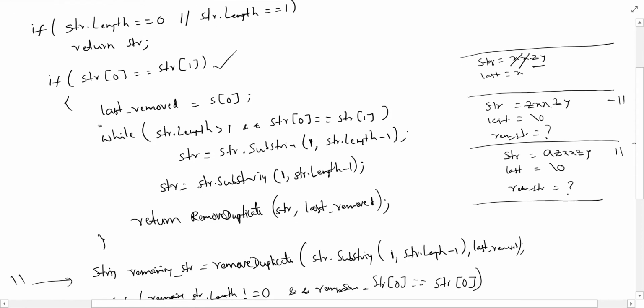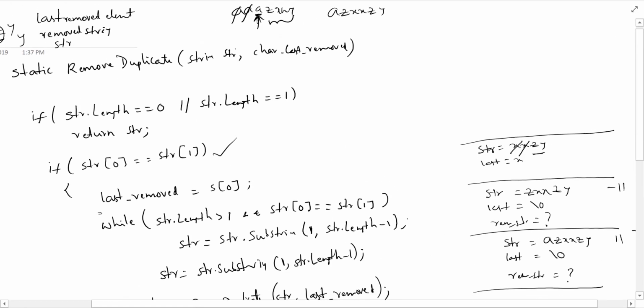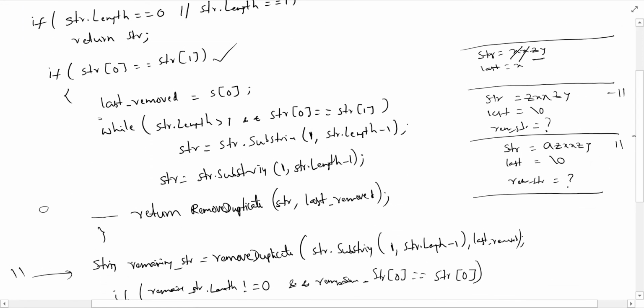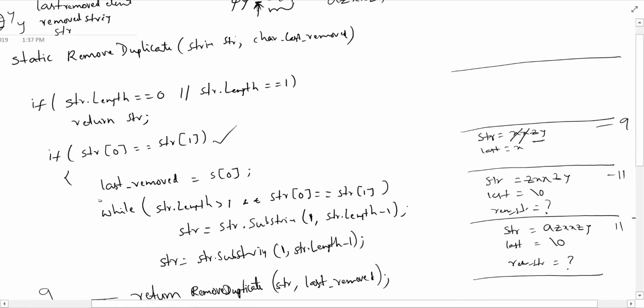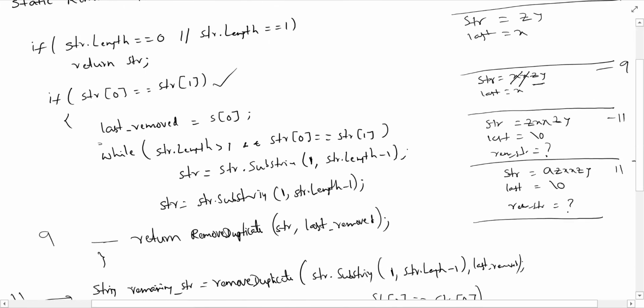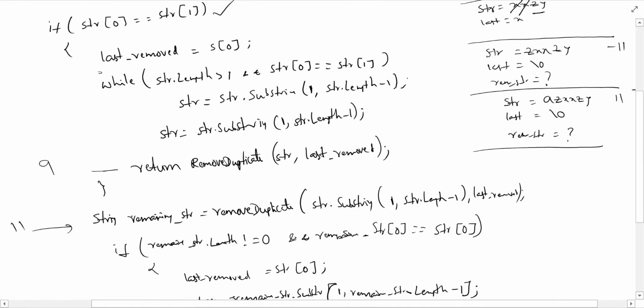So this will call again. Let's call this step 9, so we should come here, right? And it will go here. Now what is the string that we are getting? We are getting the string as ZY and the last is X. It doesn't do this, so it will come here.